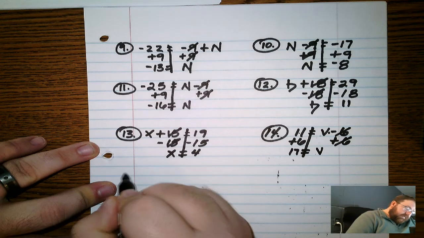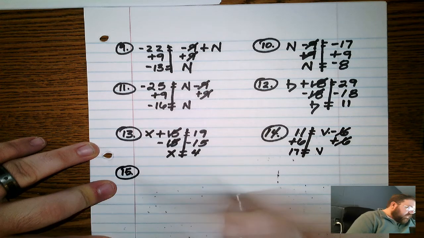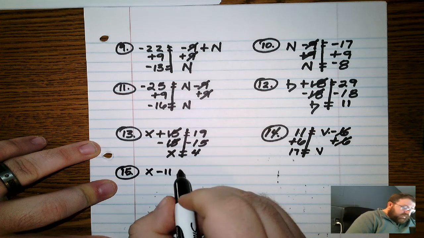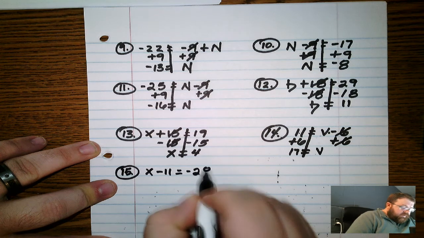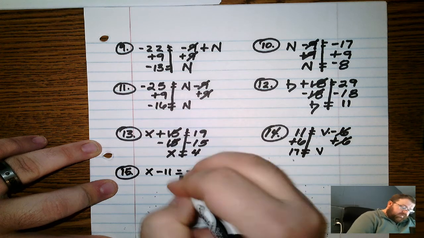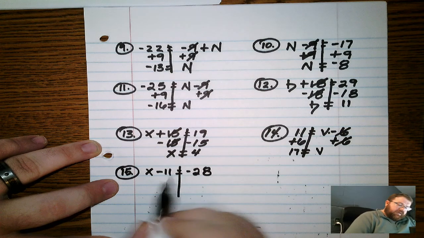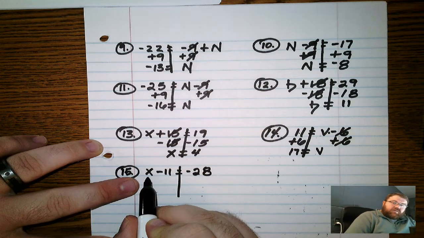Number 15. x minus 11 is equal to negative 28. I'm going to draw my line. Ask yourself what is being done to your variable x.